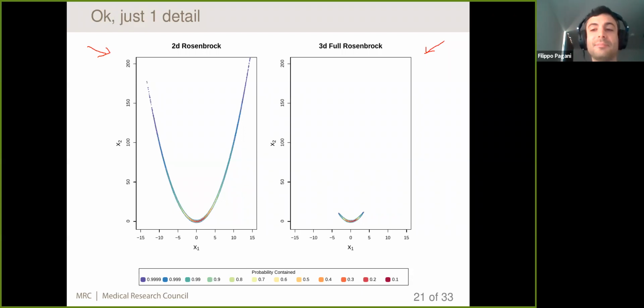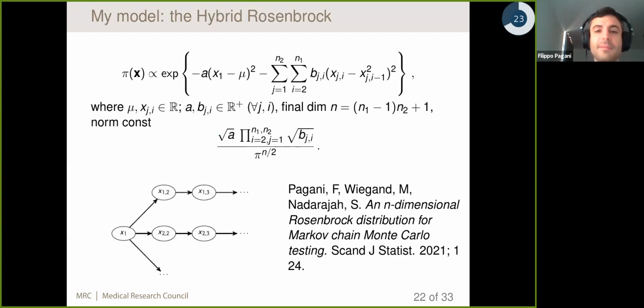That puzzled me very much. No one was talking about it, so I couldn't get it out of my head. I had to understand why, and I did. Because of that, I made my own benchmark model, which is basically a good one. This is probably the only equation I'll show you in this presentation.